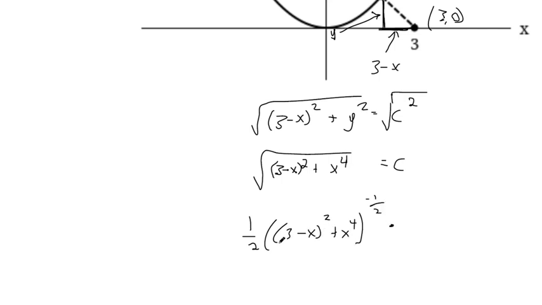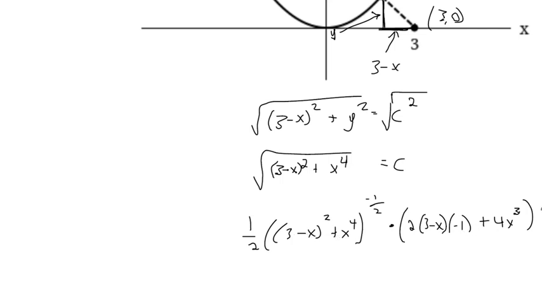So the derivative term by term, this is going to be 2 times (3 minus x), and then the power gets reduced to 1, but then this derivative isn't over because you need the chain rule. The derivative of negative x is negative 1. And the derivative of x to the 4th is 4x to the 3rd. Okay, so we took a derivative of the outermost function, the 1/2 power, and took a derivative of the innermost function. Looks like we're done now.